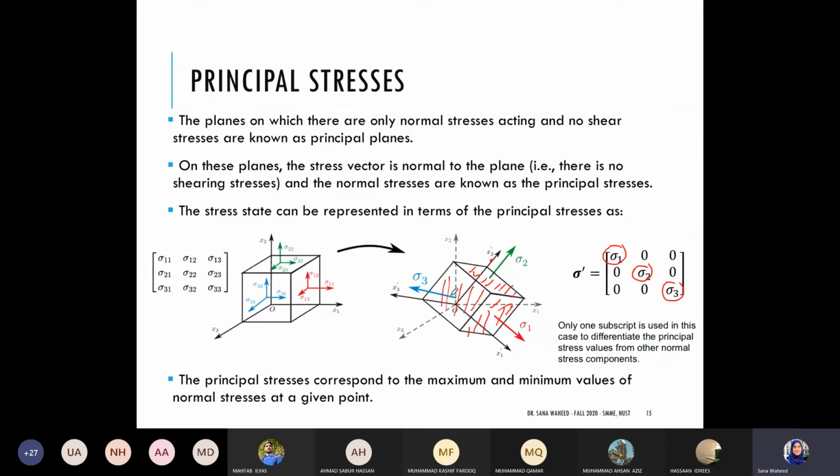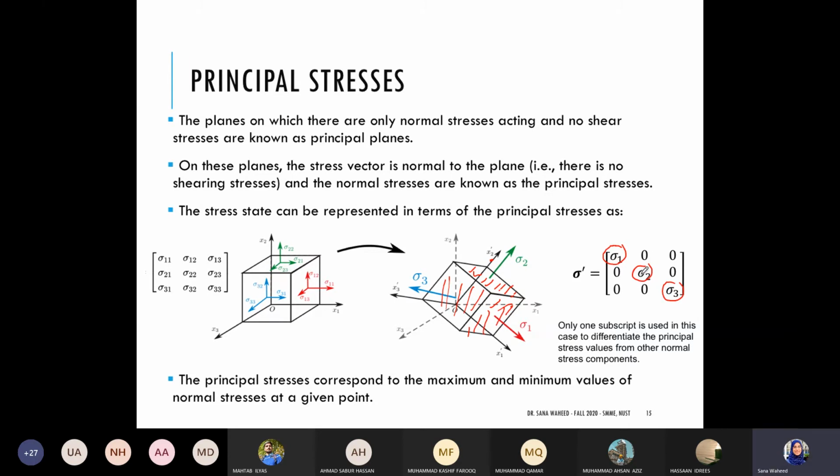But the only neat thing turns out to be that these three principal directions, or these three cut faces on which these maxima or minima of the normal stress occur, are actually mutually perpendicular to each other.